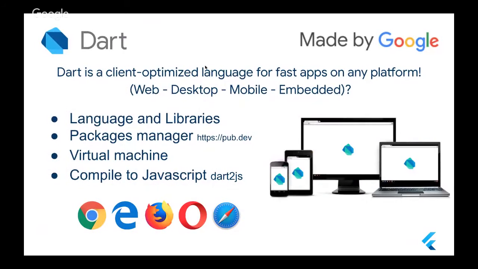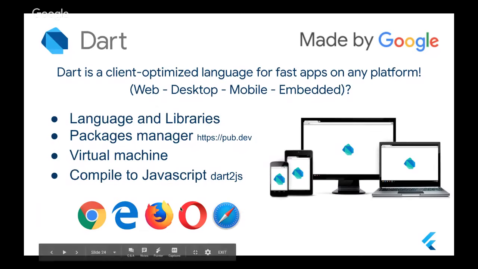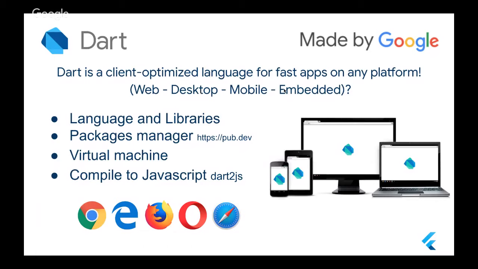So which language is Flutter using? Flutter uses Dart. Dart is a client-optimized language that allows you to build a native application for any platform. In the web case, you can compile it to JavaScript and run it in any browser. On desktop, you compile it to the native UI layer of the operating system.